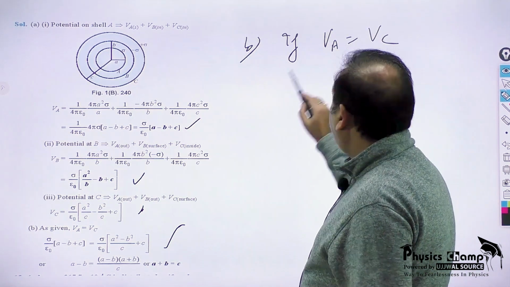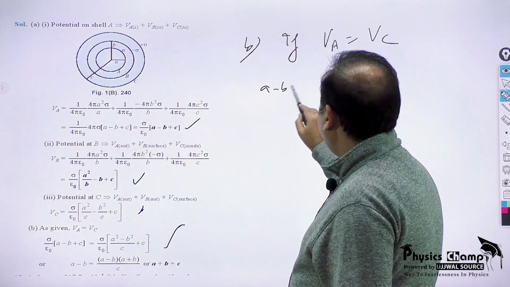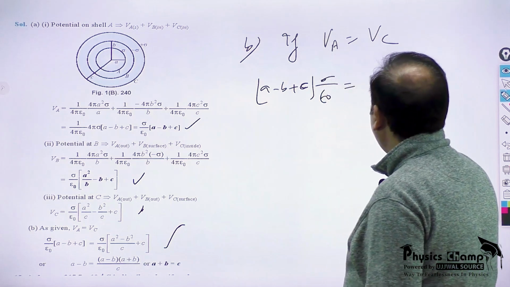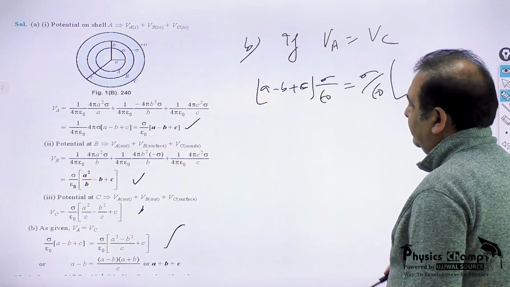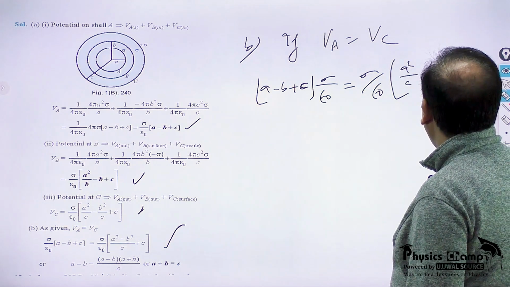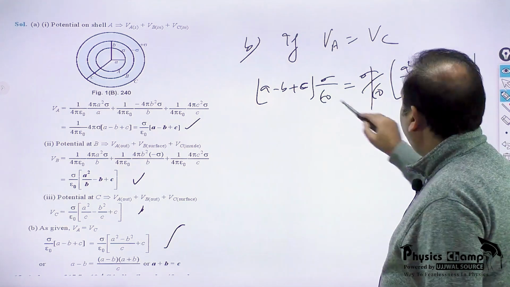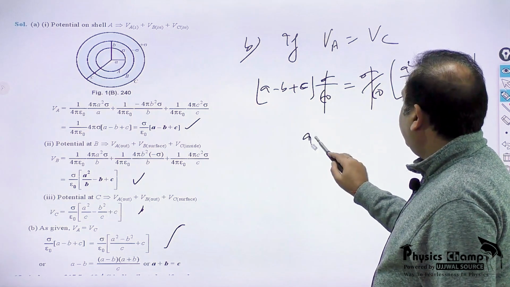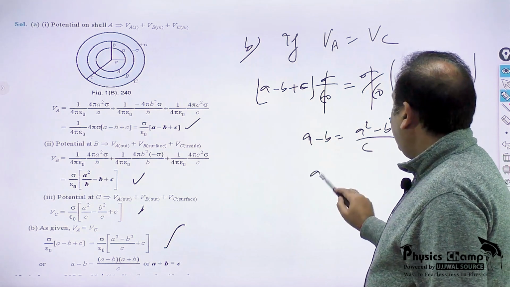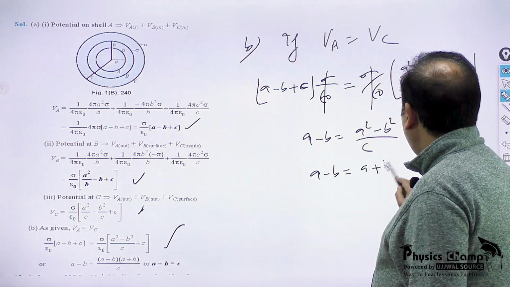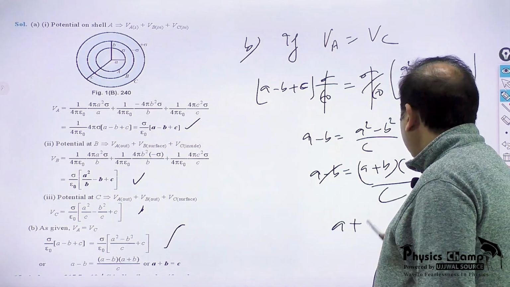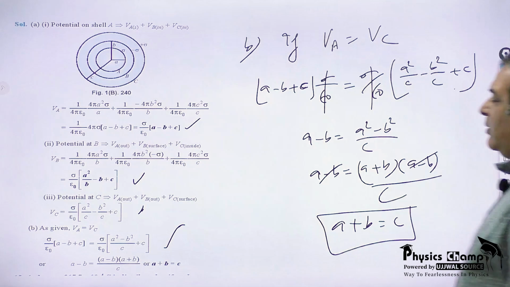So I can say VA was A minus B plus C into sigma by epsilon naught, and VC was sigma by epsilon naught into A square by C minus B square by C plus C. So A minus B is equal to A square minus B square by C. A minus B is equal to A plus B into A minus B by C. So A plus B is equal to C is the relation of the radius.